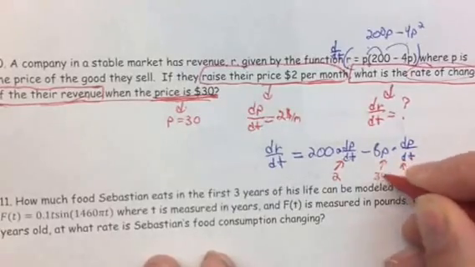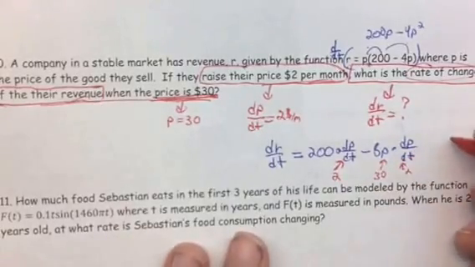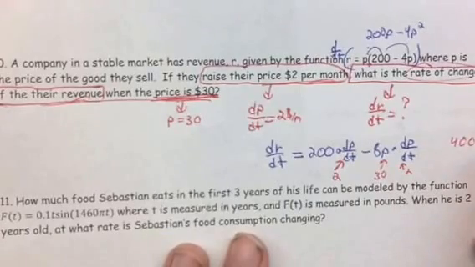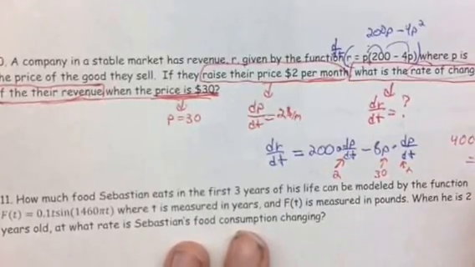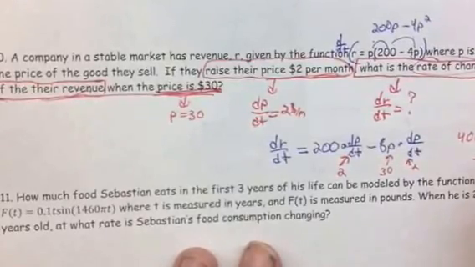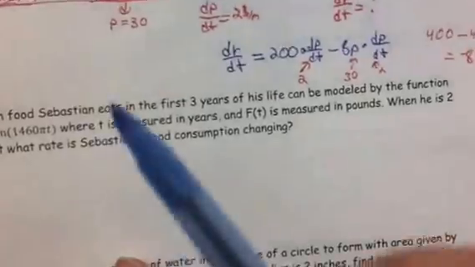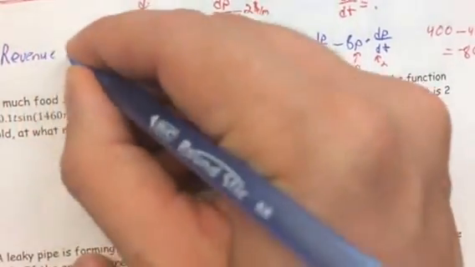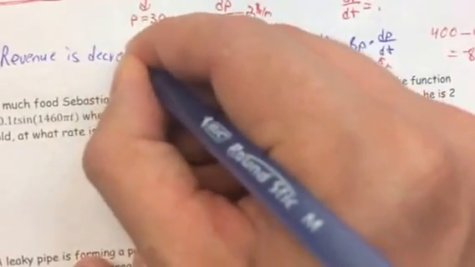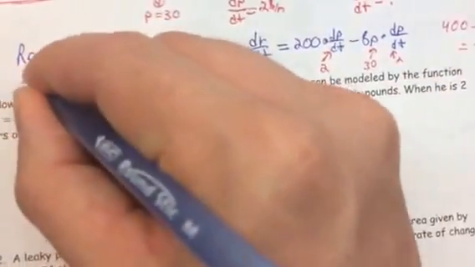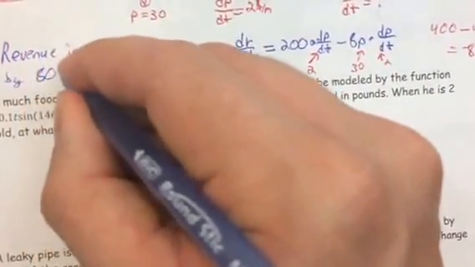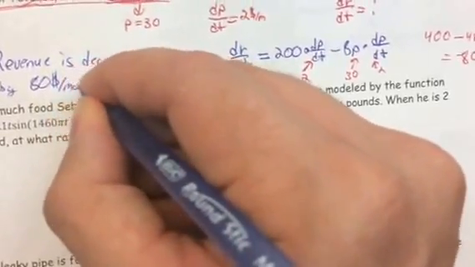When the price is 30, boom, we just get our answer. 400 minus 480 equals negative 80. And so the rate of change is, if we were going to write this in a sentence, we would say the revenue is decreasing, because it's negative, by $80 per month.